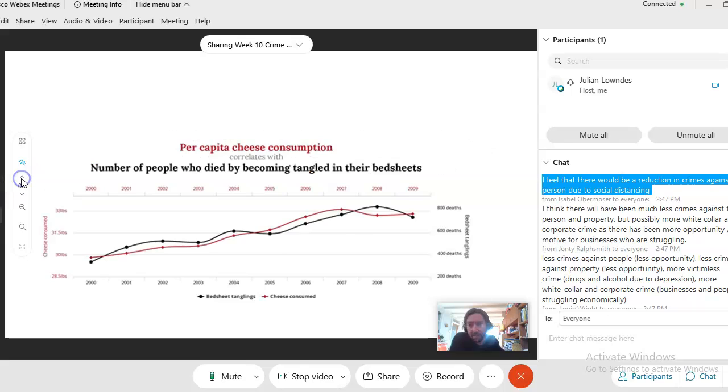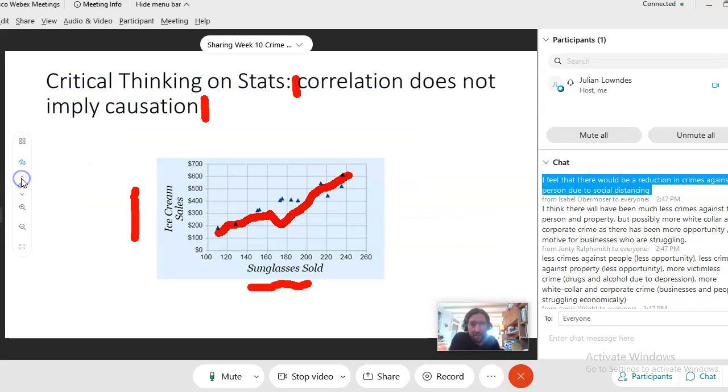We started off with a little bit of critical analysis, trying to sharpen our critical skills in approaching statistical analysis. One key critical thinking skill is the idea that correlation does not imply causation.